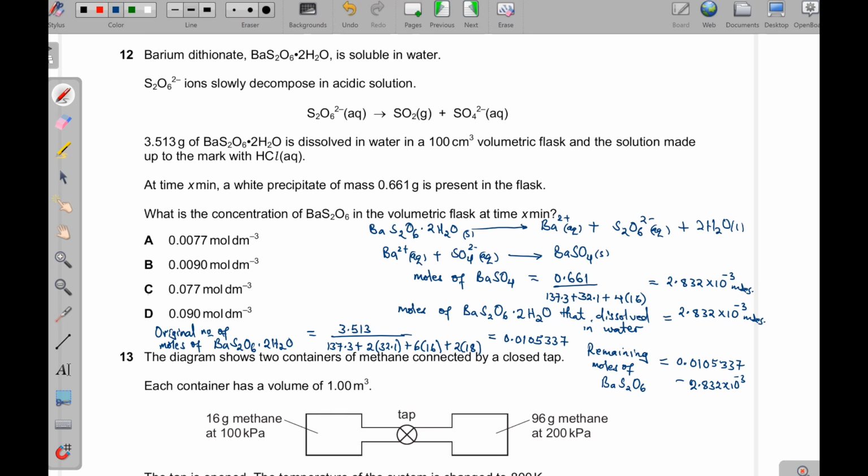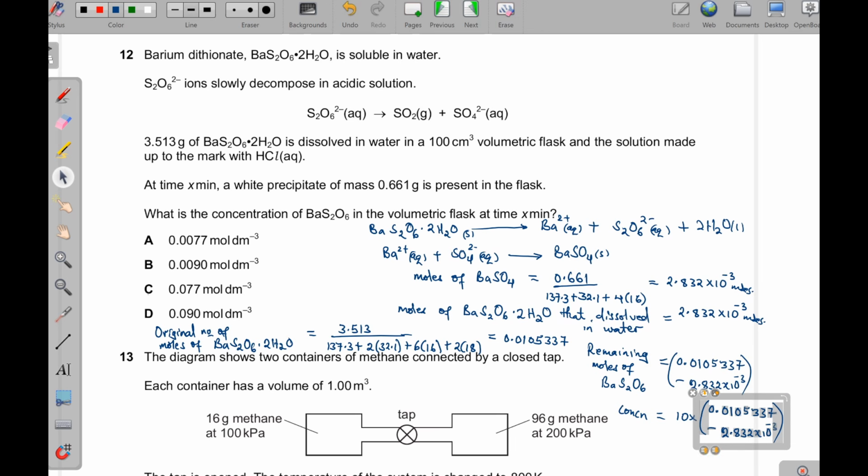Then after that, what we get here, these are the moles that are contained in the 100 cubic centimeters, okay? What about in a liter? Because here you can see moles per liter. So what I get here, I'll just multiply it by 10. Then the concentration shall be equal to 10 times everything here.